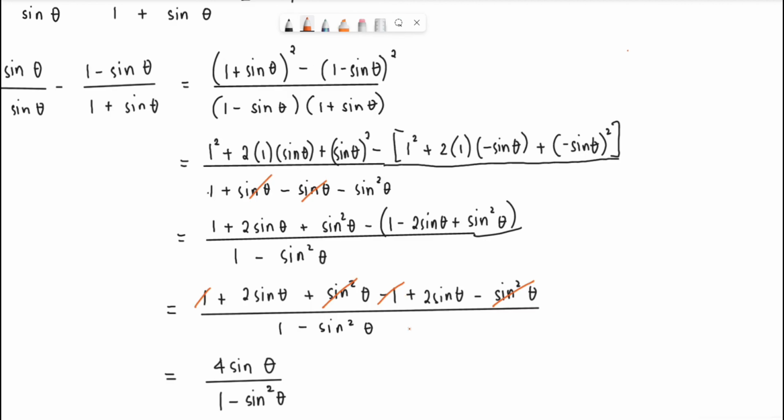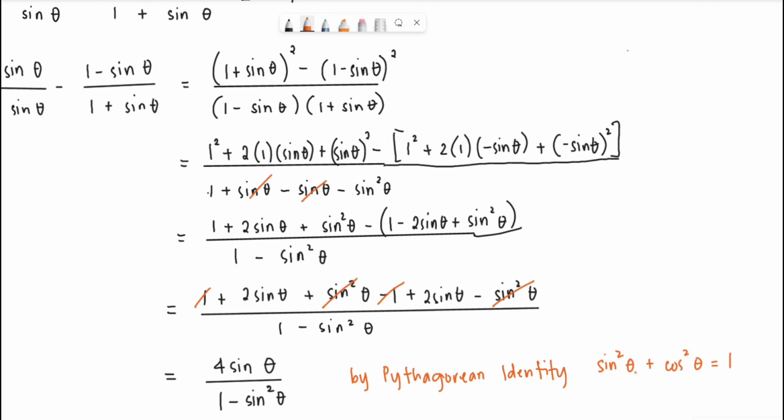And we all know that by Pythagorean identity, sine squared theta plus cosine squared theta is equal to 1.